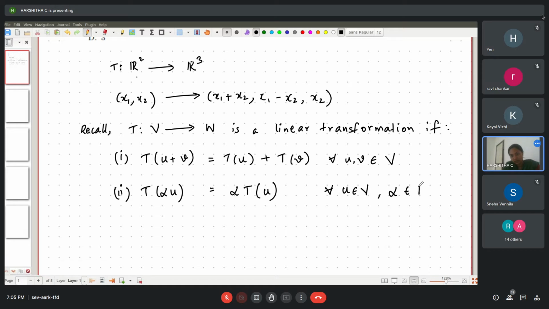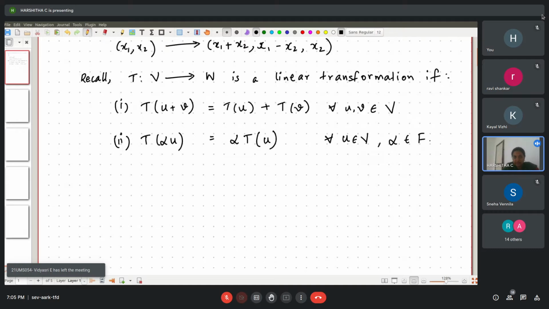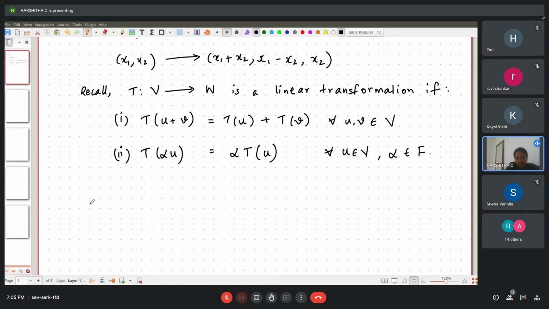So we'll go back to the question. So we have x1, x2 going to x1 plus x2 and x1 minus x2 comma x2. So the question is, is this a linear transformation? Let's check. For the first condition, we'll take two vectors.